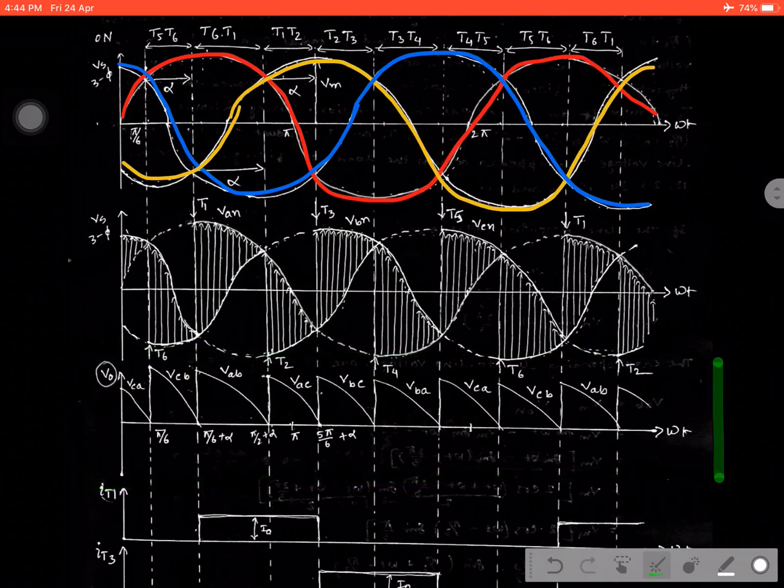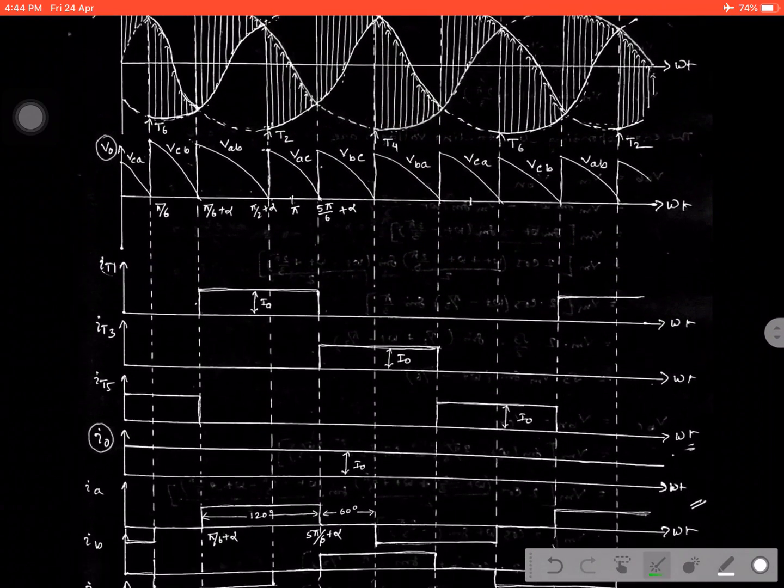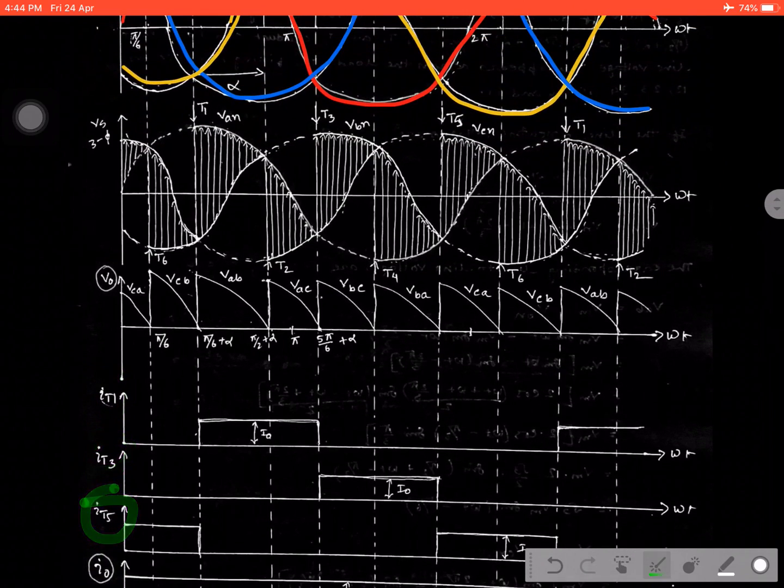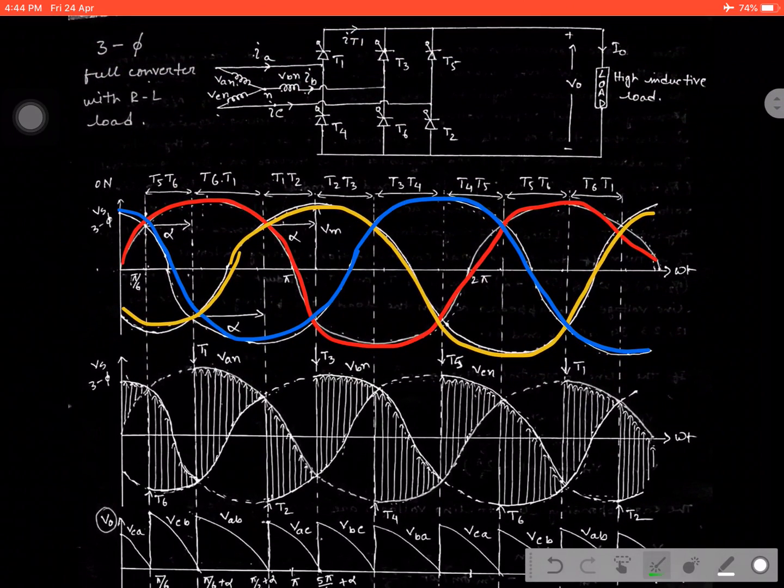Now the output current. So this is the output current, okay, and which has to be taken from the individual thyristor currents. So go to the circuit diagram again. In this circuit diagram, see, when T1 starts conducting with respect to any other two switches, then the current starts flowing in this direction, right?